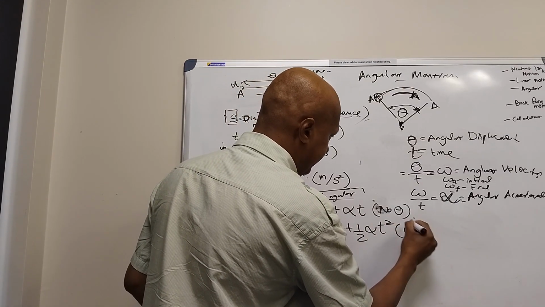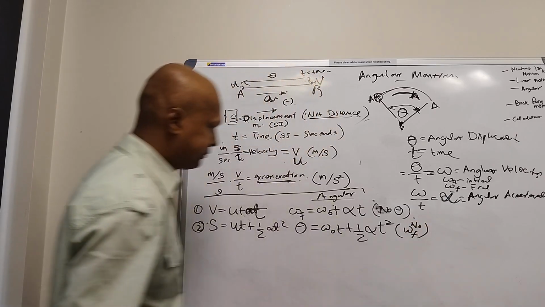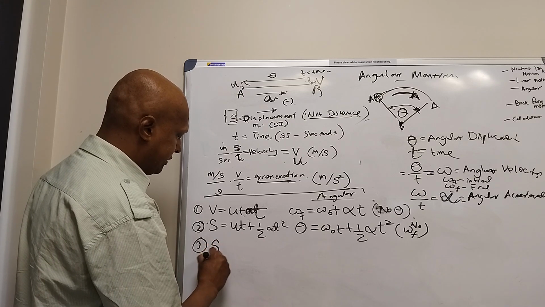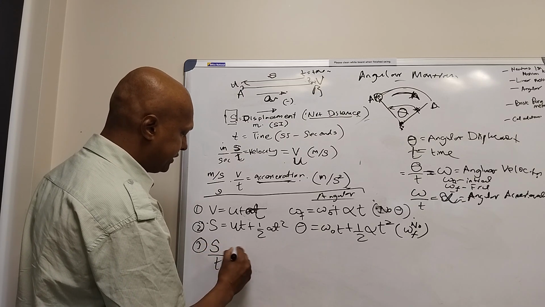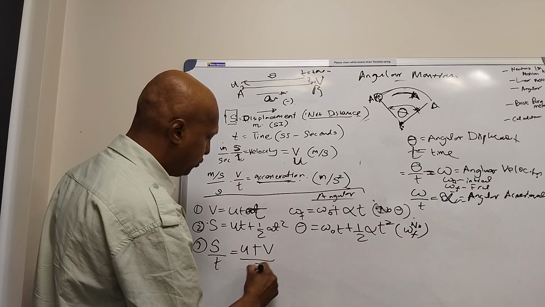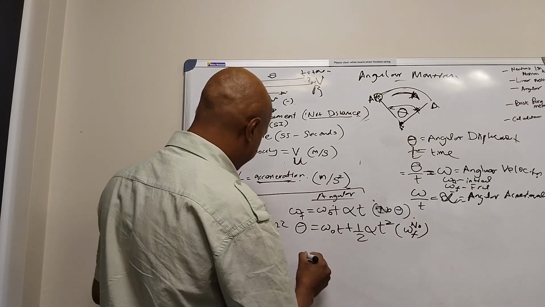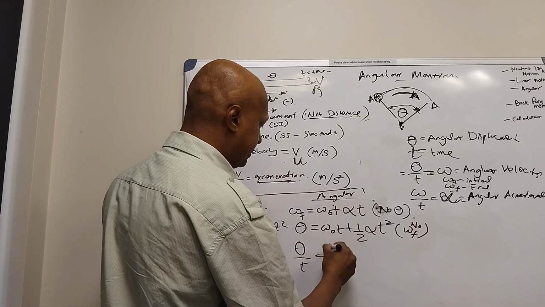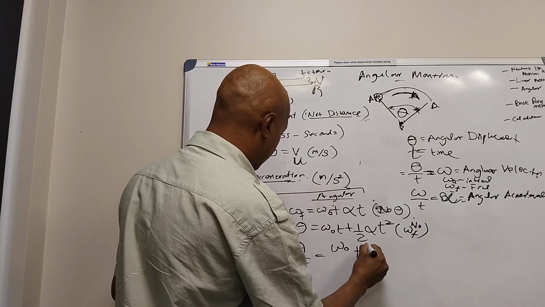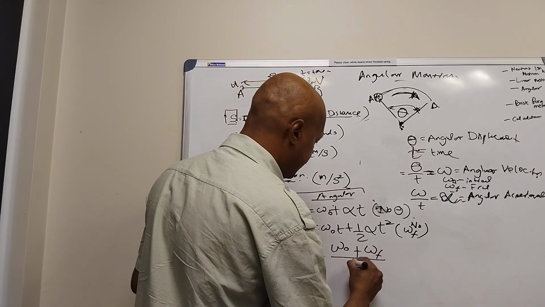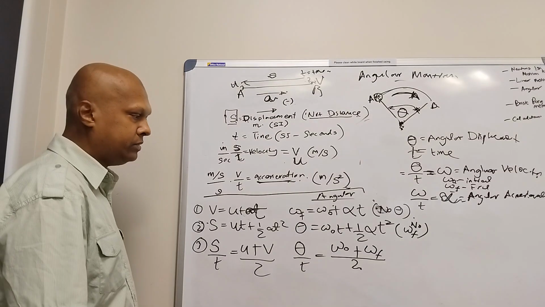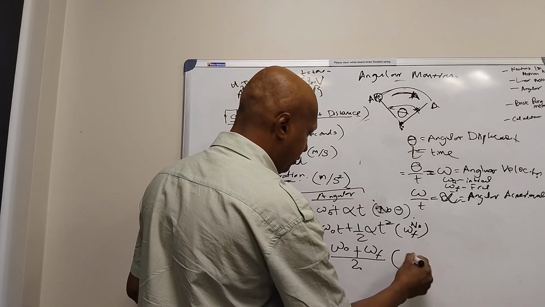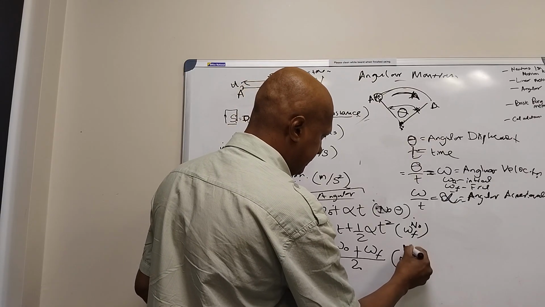Then the third formula, S over t equals u plus v over 2. In angular motion, theta over t equals omega naught plus omega f divided by 2. In this case, we don't know alpha.